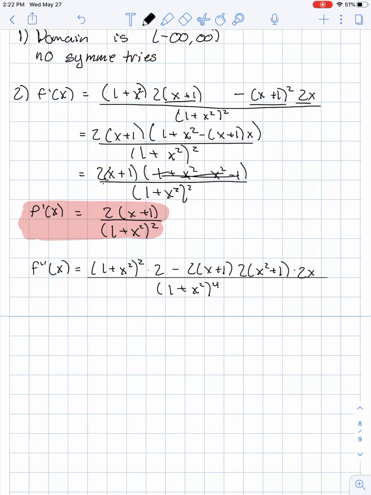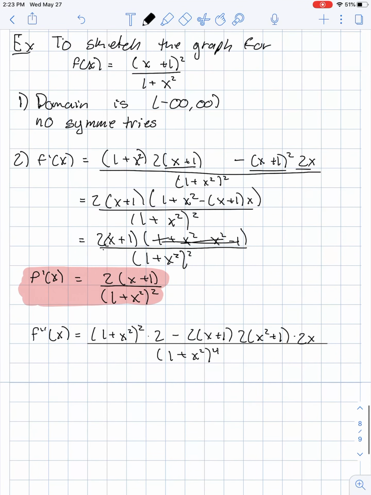Apparently my first derivative is wrong.